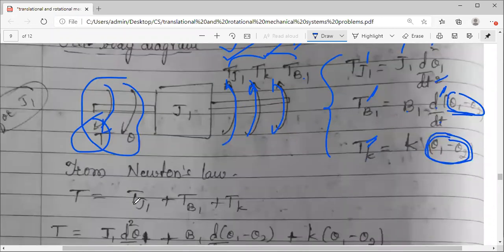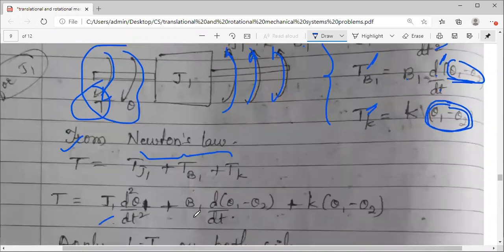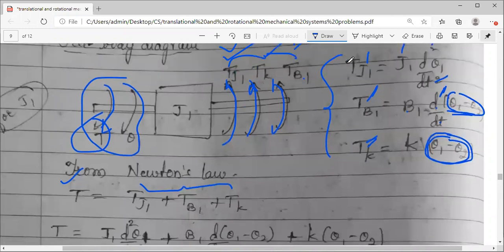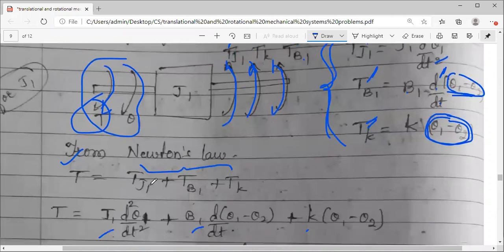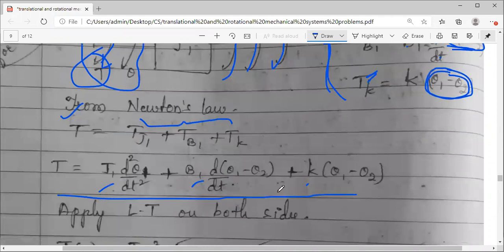After writing the equations, go for Newton's law. Equate the applied external torque to the sum of the opposing torques. Substitute the values. What all torque equations we have written, substitute them. This is our equilibrium equation.